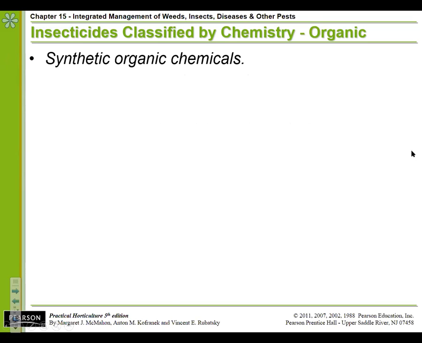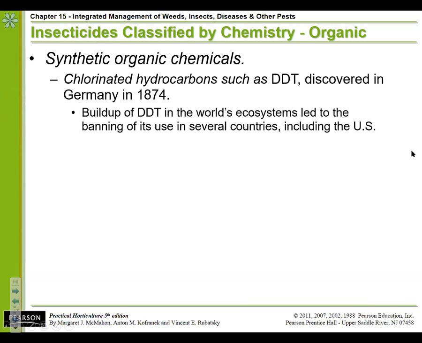For the synthetic organic chemicals, we're looking at, again, not like certified organic, but they're called organic because they are carbon based. So we have chlorinated hydrocarbons such as DDT that, although it was discovered in Germany in 1874, wasn't used until the 30s as a pesticide, when it was discovered that it actually had pesticidal action.